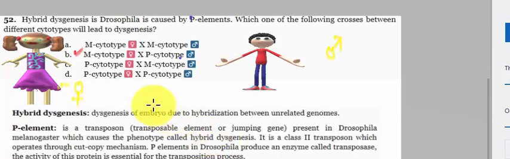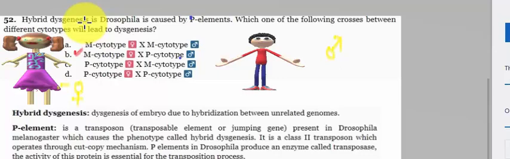So let me first tell you what is the meaning of dysgenesis. Here it is written hybrid dysgenesis. Dysgenesis generally means some kind of abnormality. It may happen in some organ or it may happen totally. It will change the phenotype.